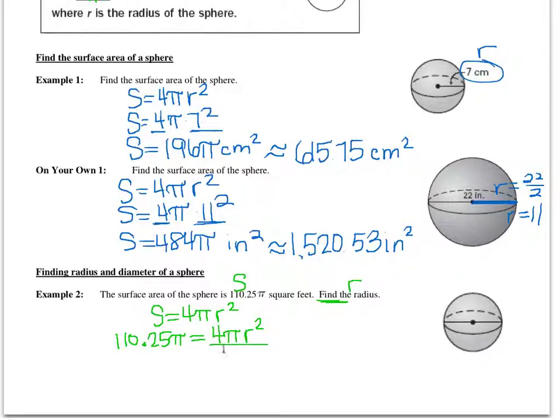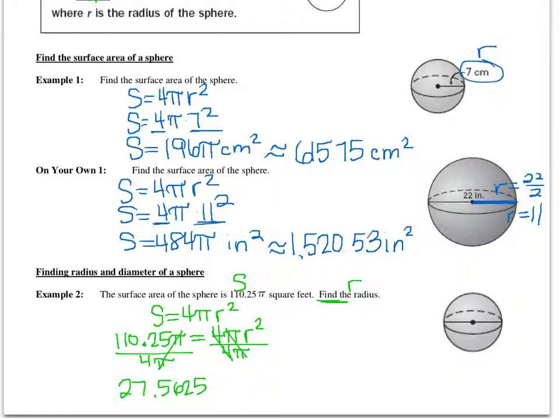So we're going to divide both sides by 4 pi to get that r squared alone. So these 4 pi's cancel. The pi's over here cancel. And if you do 110.25 divided by 4, if you do that, you'll get 27.5625, and I can write that exactly.